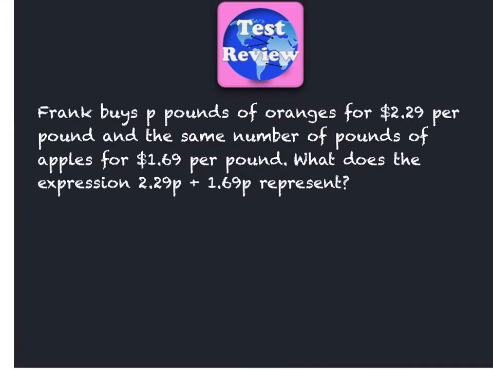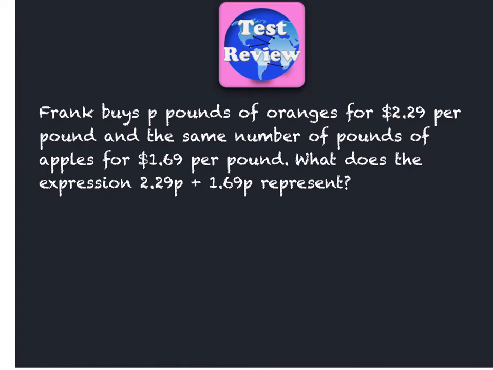Okay, so here we have Frank buys P pounds of oranges for $2.29 per pound, and the same number of pounds of apples for $1.69 per pound. What does the expression 2.29 times P plus 1.69 times P represent? So obviously the 2.29P is going to represent the cost of the oranges.